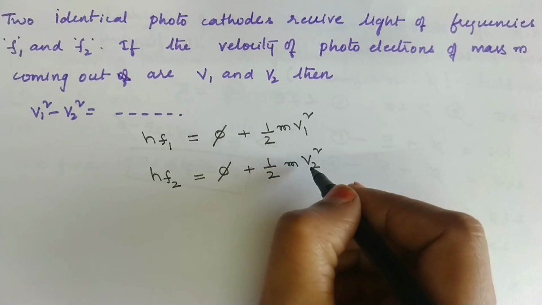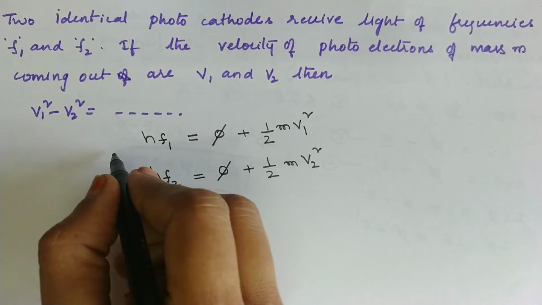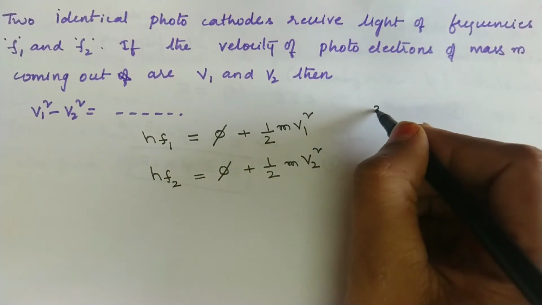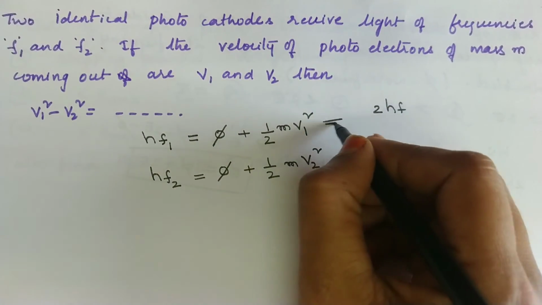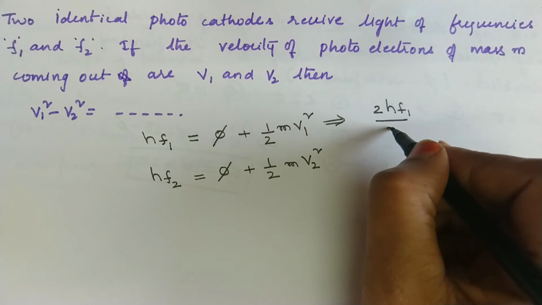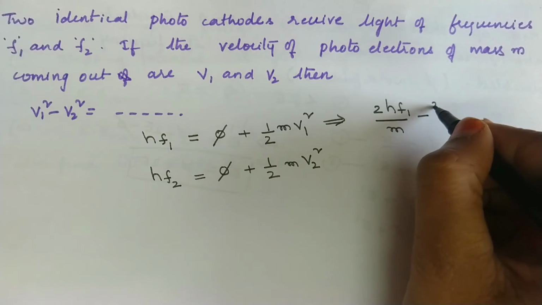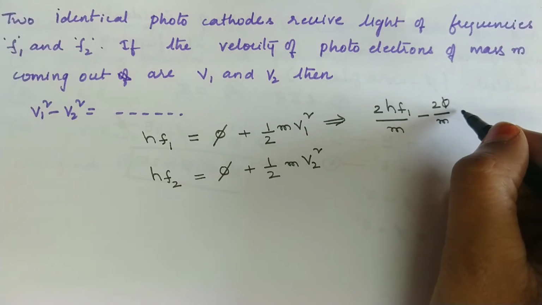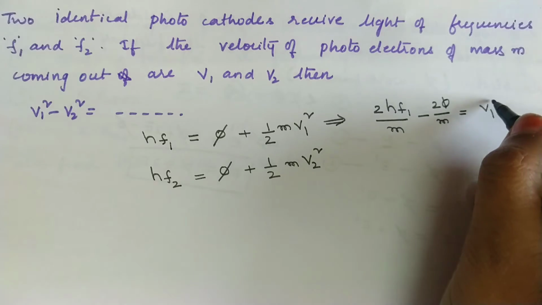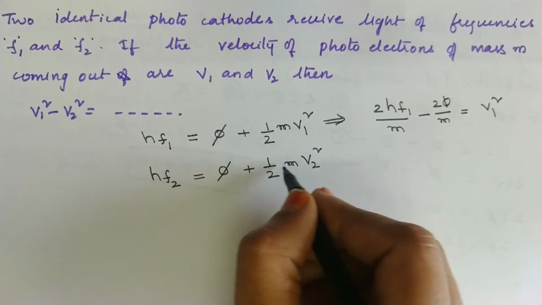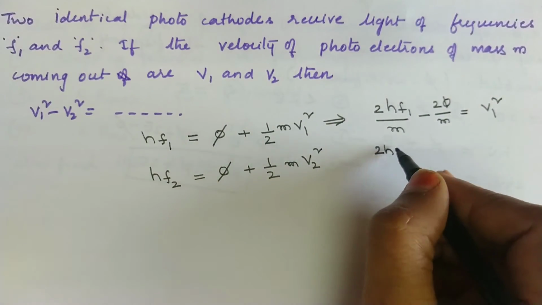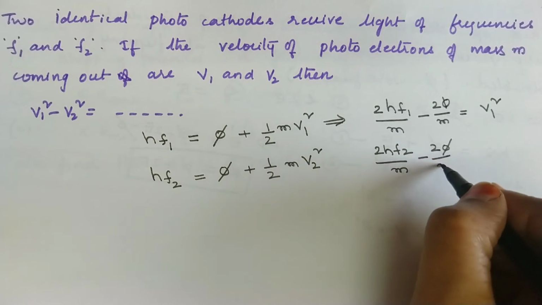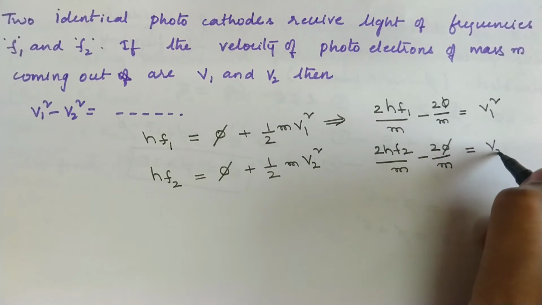Since we want v1 square minus v2 square from these two relations, throughout this relation we multiply with 2 by m. So from this equation I am writing 2 hf1 by m minus 2 by m into phi should be equal to v1 square. Similarly, multiply this relation also with 2 by m. 2 hf2 by m minus 2 phi by m is v2 square.